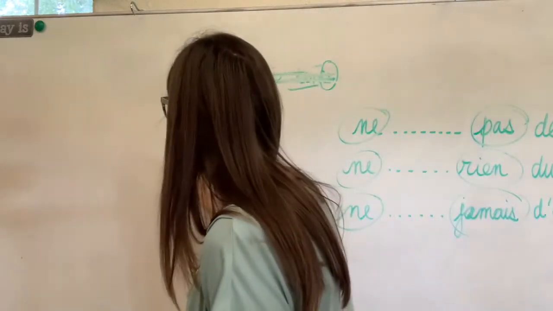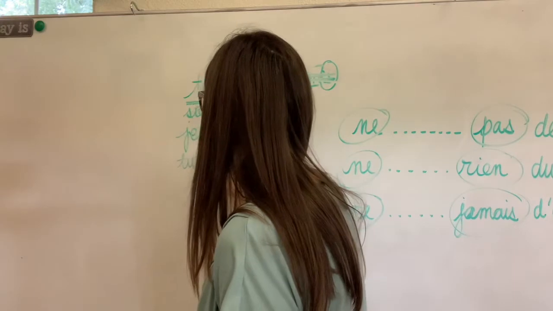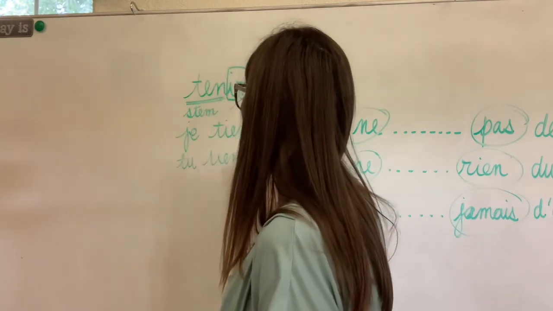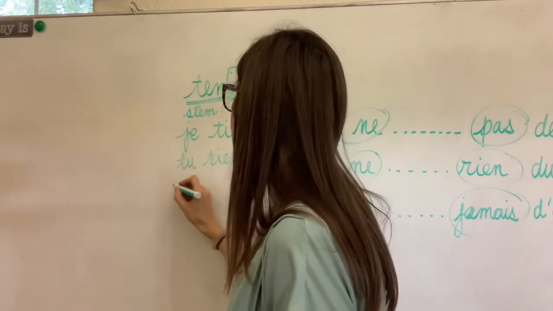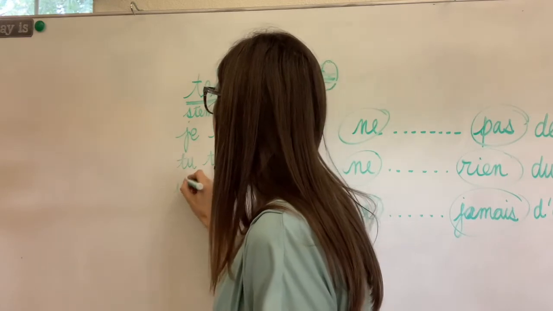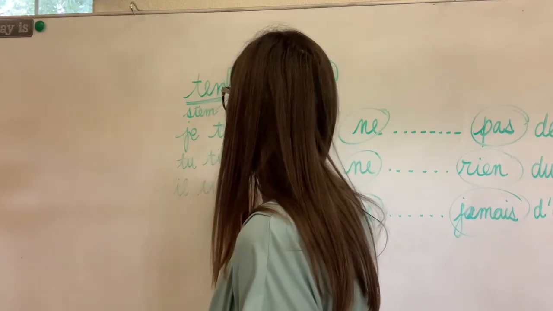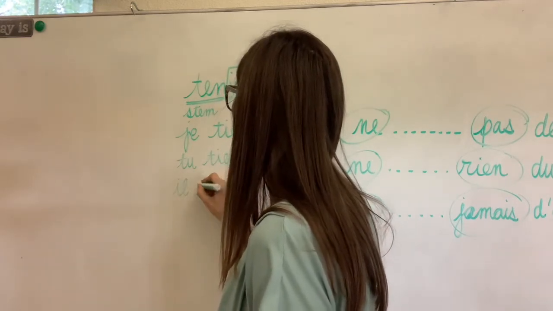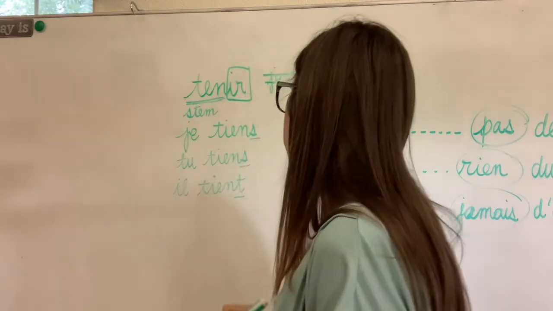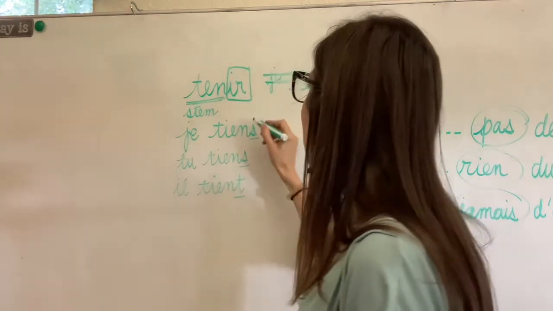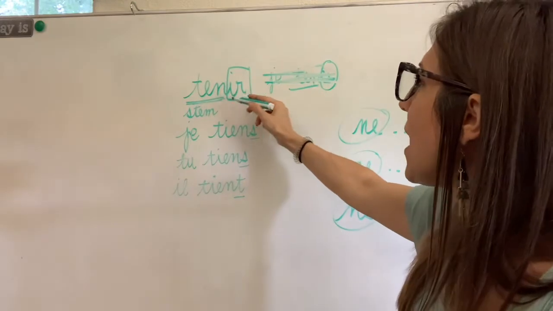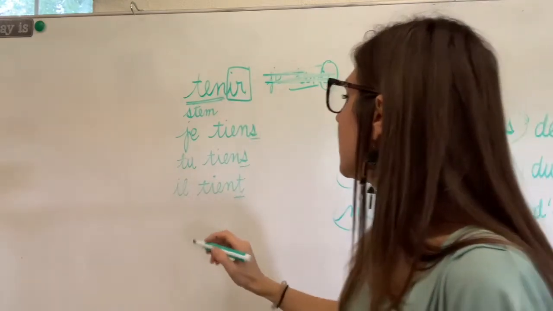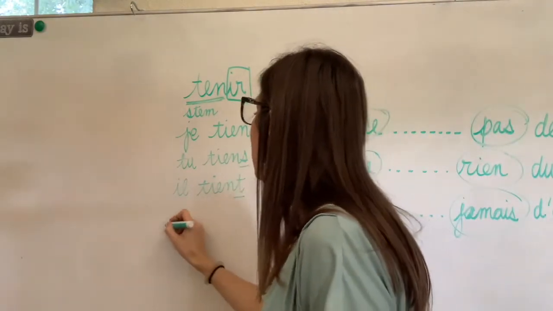And then tu tiens. Now the good thing is that the S stays the same. Il tient. This is not going to be an S, it's going to be a T. Just like if it was regular, it would be I-S, I-S, I-T. So this remains the same.